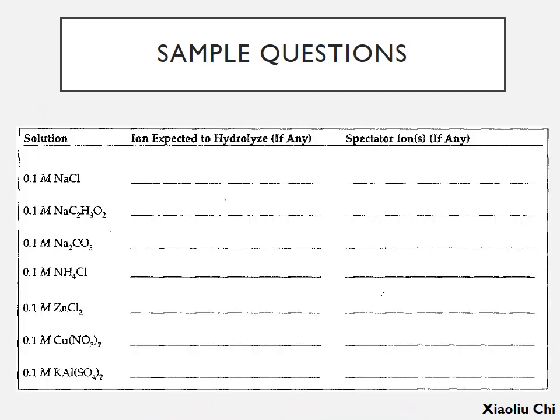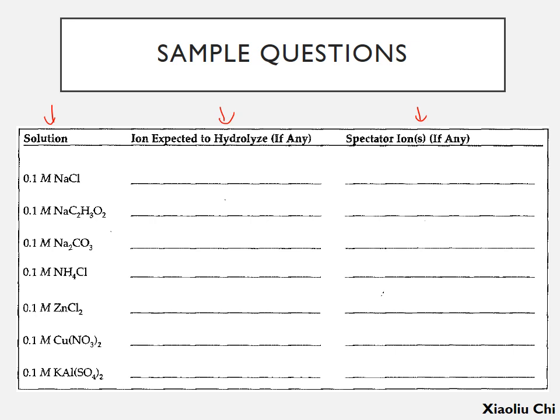Simple questions. In this table, the first column shows solutions of salts, and the second column asks you if there's any ion expected to hydrolyze. And the third one asks you if there are any spectator ions. So the first question you need to ask yourself is, what acid and base does this salt come from?